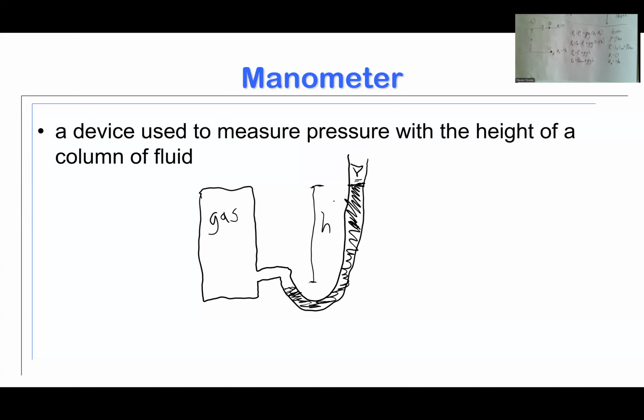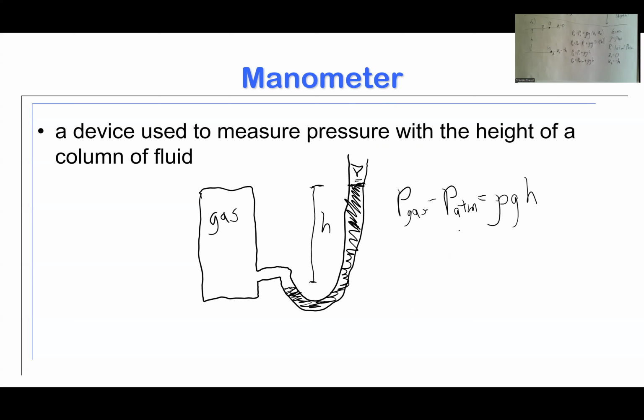And so what we can do then is we can basically say, well, the pressure of the gas minus the pressure of the atmosphere is going to equal the density of the fluid times gravity times the height of this column. It's only because we're saying point one is open to the atmosphere and point two is basically the pressure of the gas.